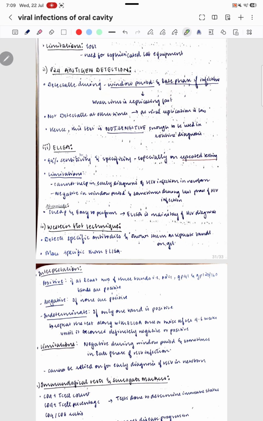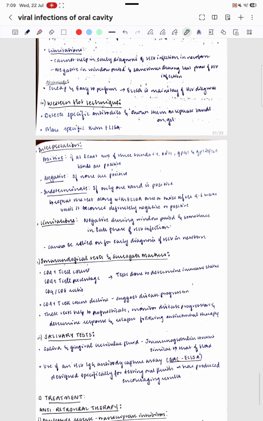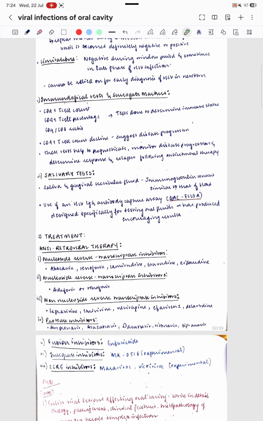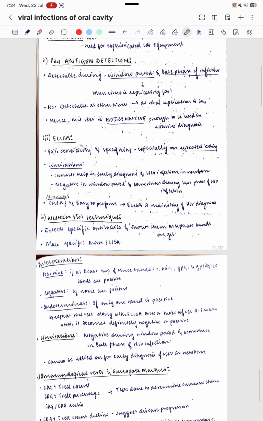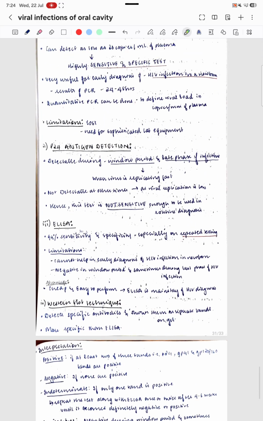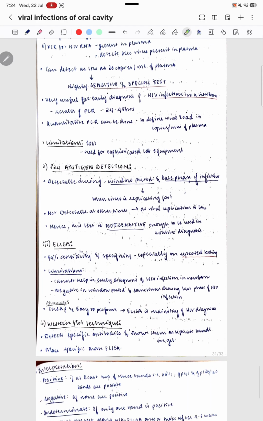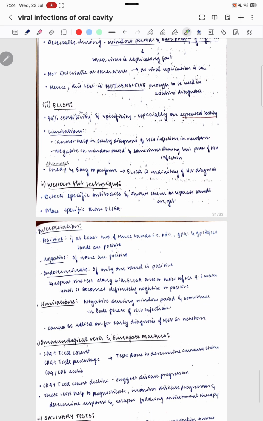ELISA is also done. Then you have the Western blot technique. Okay, so we spoke about the diagnostic test, that was your PCR. Now we are reading about ELISA. ELISA is also a diagnostic test, okay, and this is done for repeated testing, and it is sensitive, with 99% sensitivity.